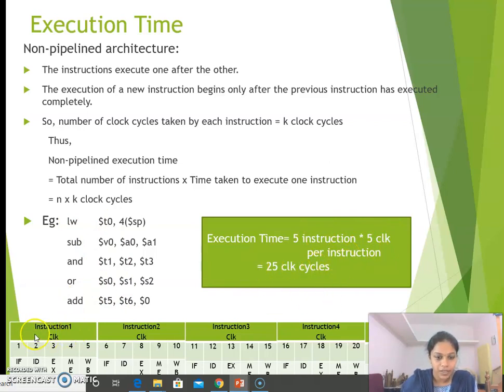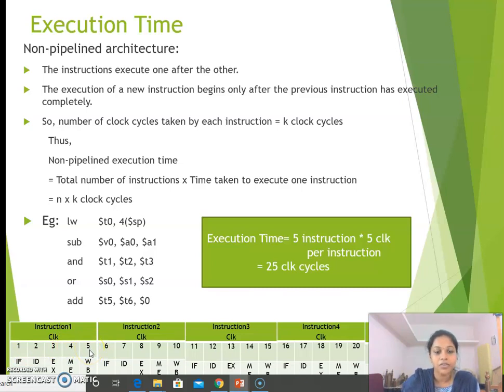Now here is a diagrammatic representation. At the first clock cycle, the instruction fetch will happen for instruction 1, and the stages are done one by one, and the complete instruction 1 will be done at clock cycle 5.